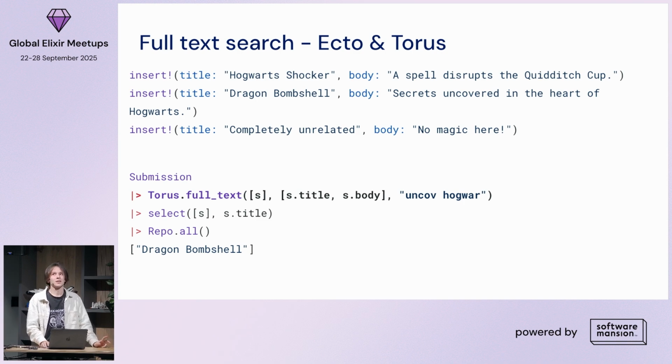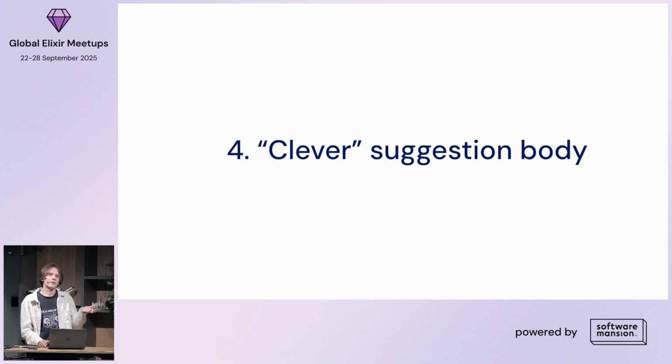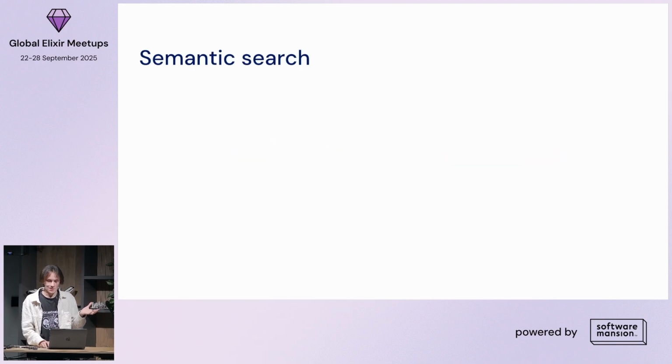But this has some issue. The problem there is that we don't understand the meaning behind words. We only match the words, but not their synonyms. What if we want clever suggestions, buddies? What if we want to have clever search? And to have clever search, we have semantic search.